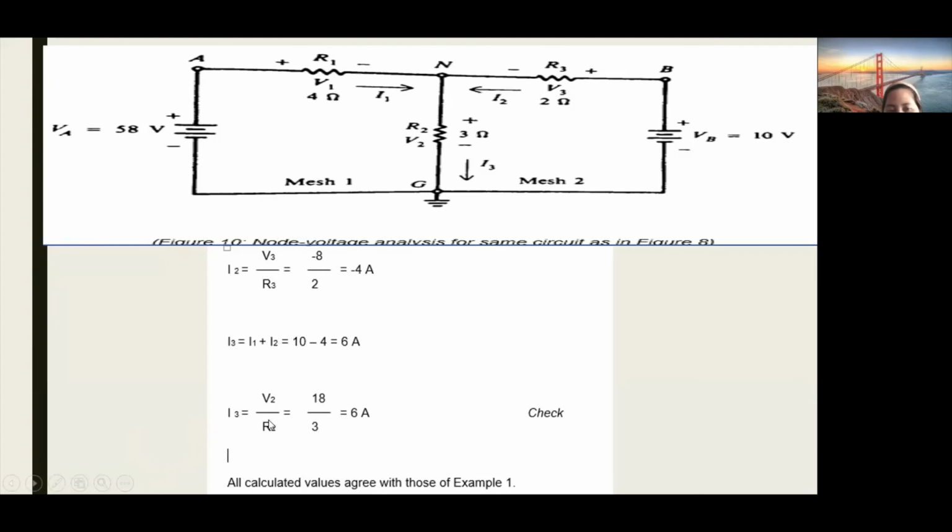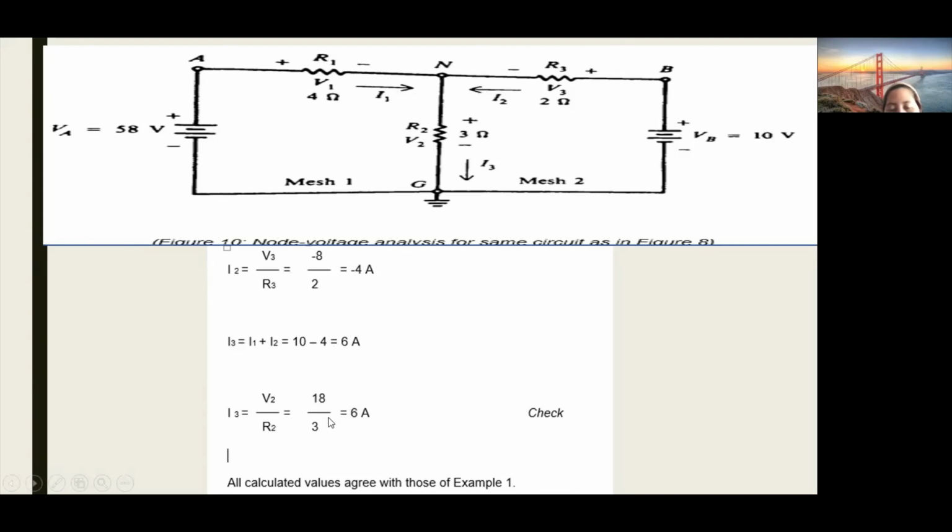So first, V2 and R2: I3 is V2 over R2, which is 18 over 3 for R2, so it's equal to 6 amperes.